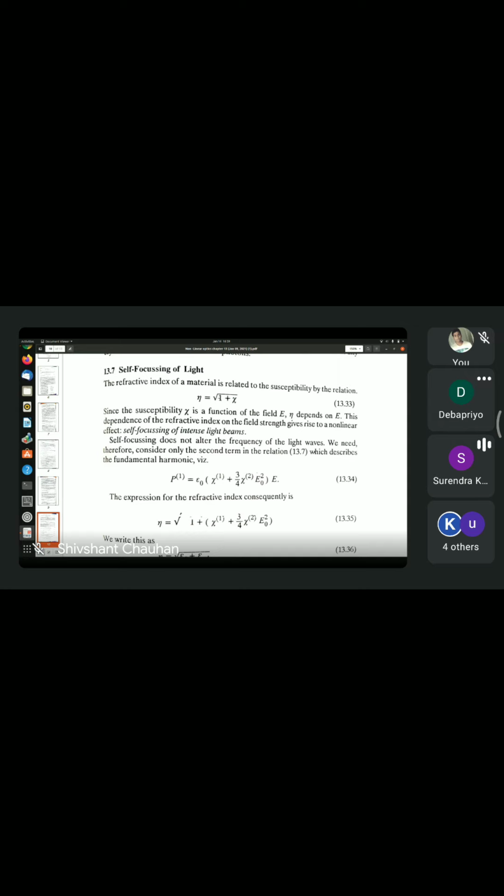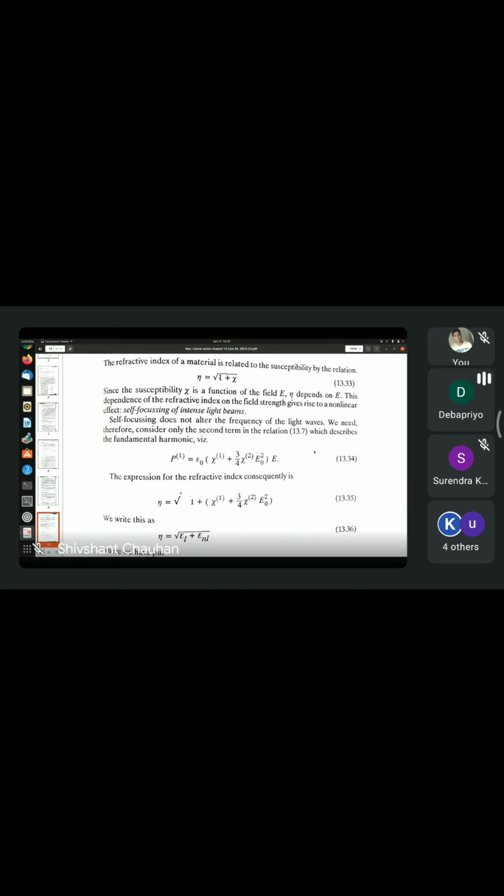Remember that in the emergent beam, the component having frequency omega t arises both from the linear part in the expression for the polarization vector, that is chi1 E, and the part that goes as chi3 E cube.